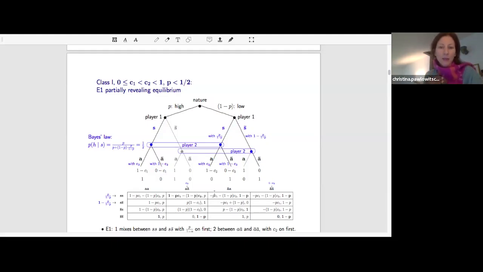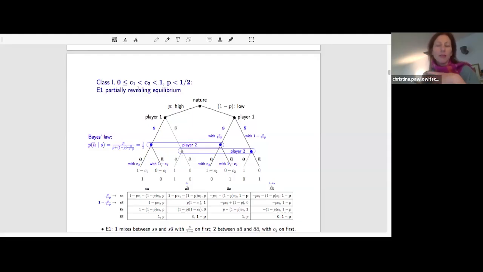For the purpose of this talk, I look at the case which is maybe the most interesting and intuitive one: the cost for both types are strictly between the cost of the signal and what they could possibly get from being accepted, so are between 0 and 1 for both types.